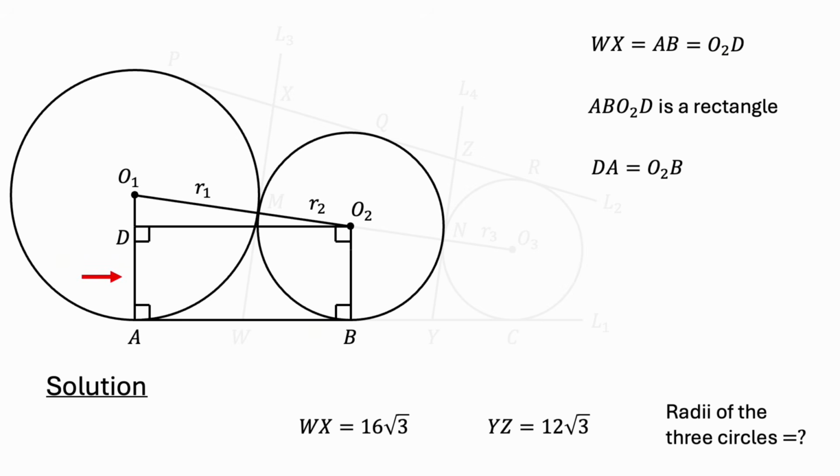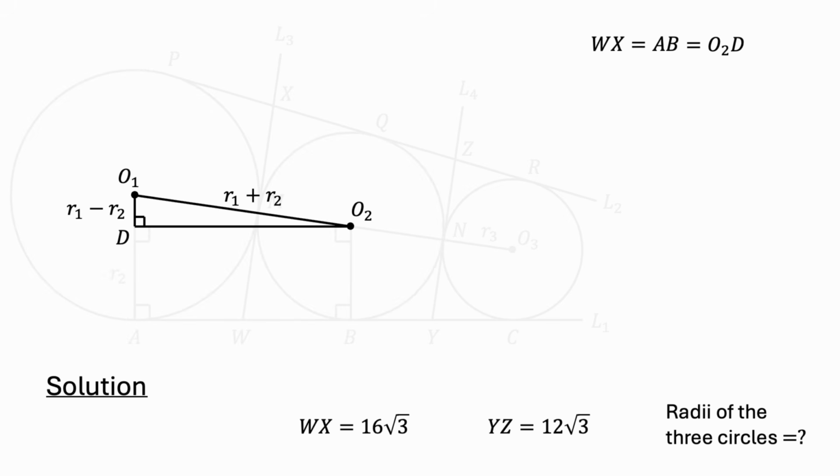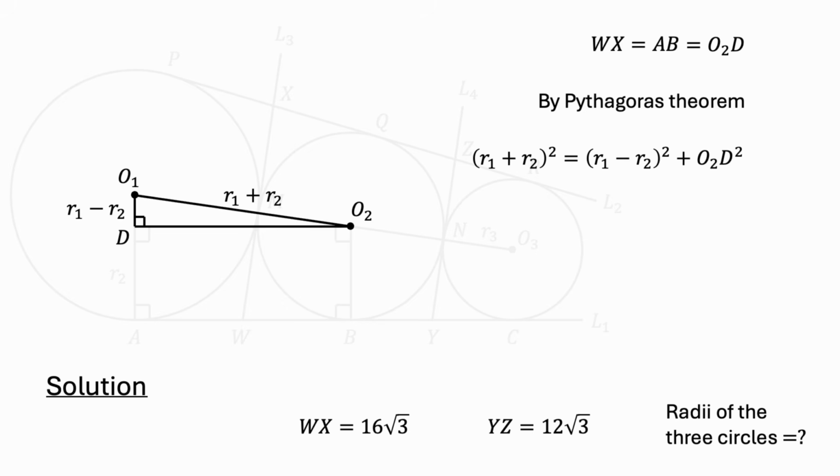The length of DA thus equals R2, and so the length of O1D equals R1 minus R2, while the length of O1O2 equals R1 plus R2. Next, consider triangle O1DO2. By Pythagoras theorem, we have (R1 plus R2) squared equals (R1 minus R2) squared plus O2D squared.